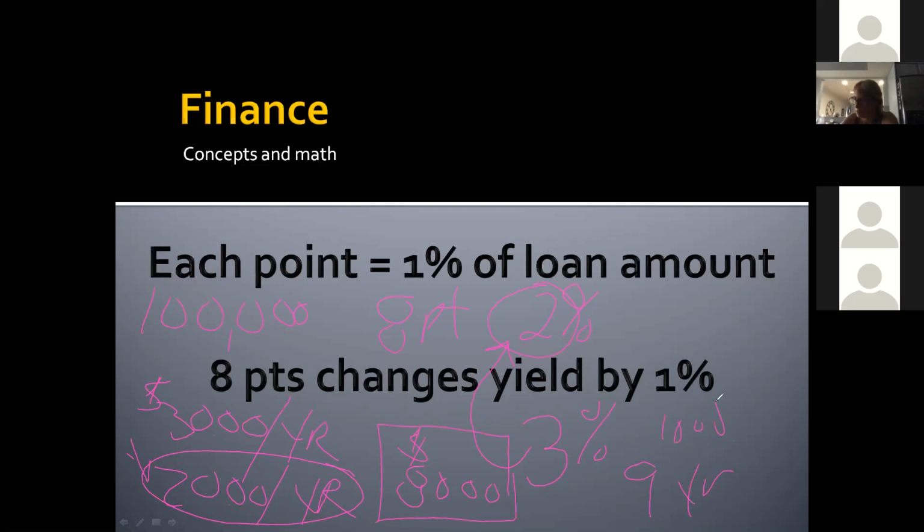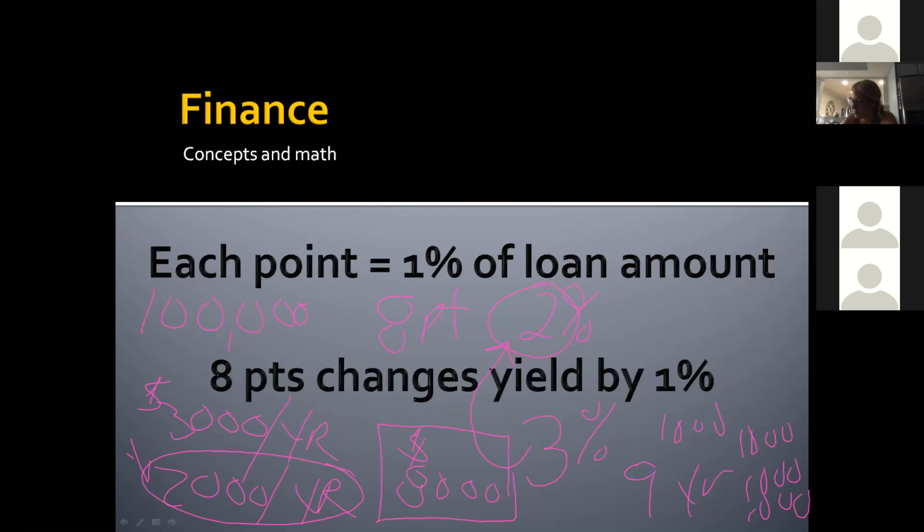And on the 10th year, you're going to save $1,000. And on the 11th year, $1,000. And on the 12th year, $1,000. And so just think about it. By the time you get to 30 years, you will have saved an additional $27,000 in interest. So that's why people pay the points sometimes, to reduce their nominal interest rate.